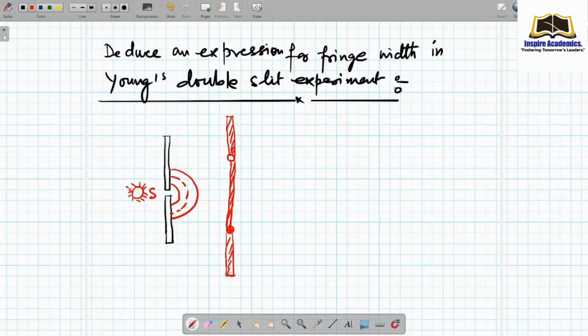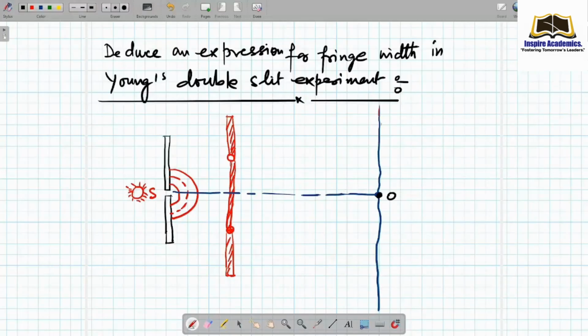So these two holes simply mean that the light will travel through these two holes. Okay, and then we have a screen somewhere here like this, and the center point of the screen is this point. So I'll call this O.